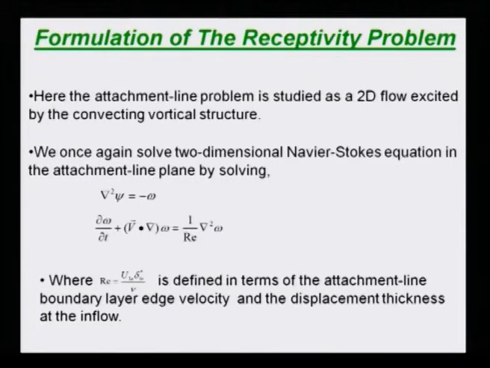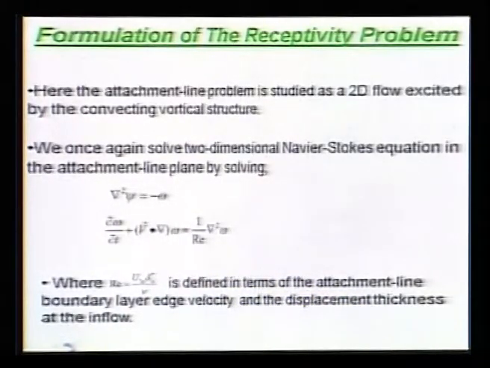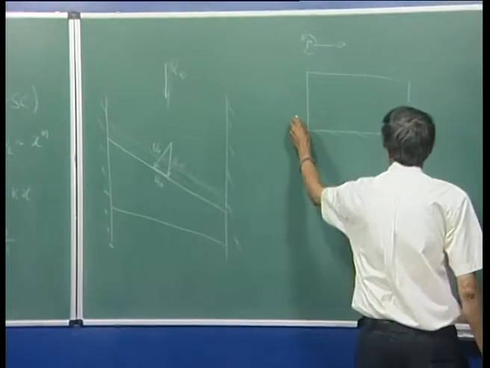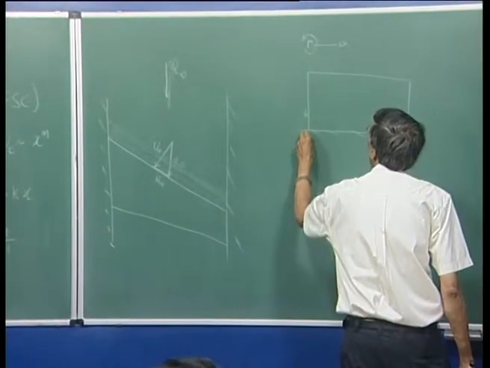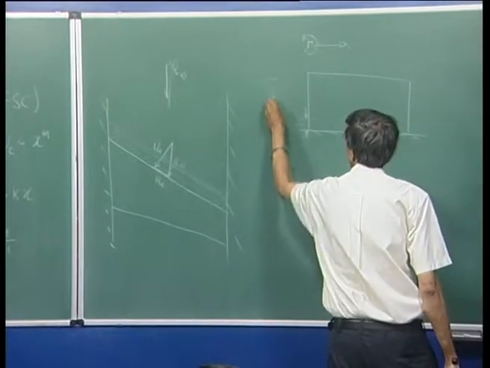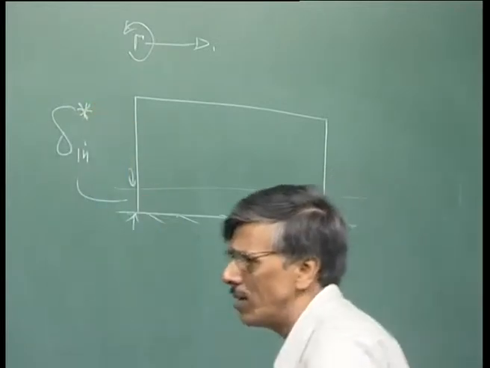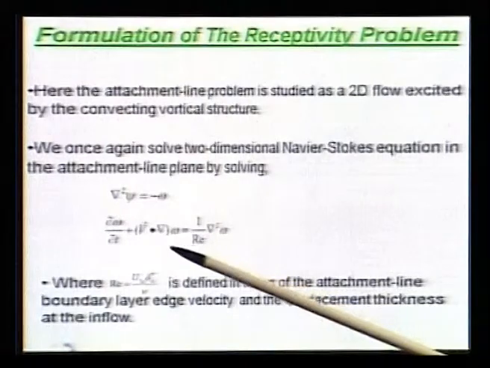So, that we have calculated, and the length scale we have purposely taken as, your attachment line boundary layer would be somewhat like this. So, you take this as your delta. So, this is your length scale. That is what has been used in defining this Reynolds number. Okay.